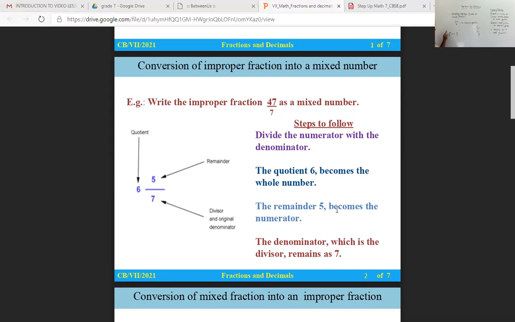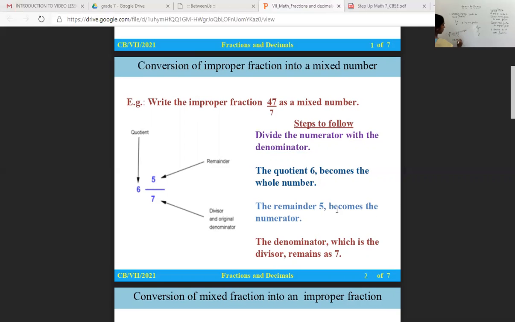That is how you convert an improper fraction to a mixed fraction. Your quotient will always be a whole number, and this 5 by 7 is a proper fraction.